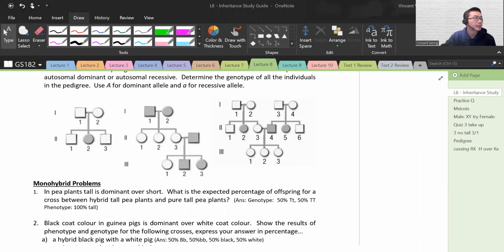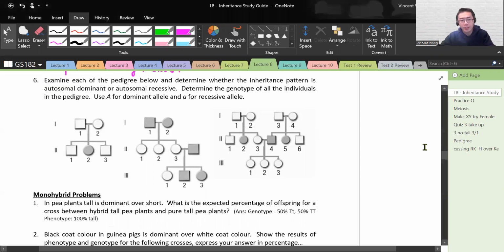Give me a second here. Okay. So this next question has to do with whether the inheritance pattern is dominant or recessive. Okay, so if you think about two alleles, right? Big A and small a.